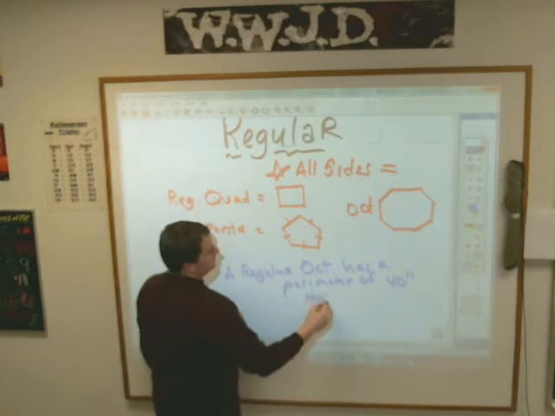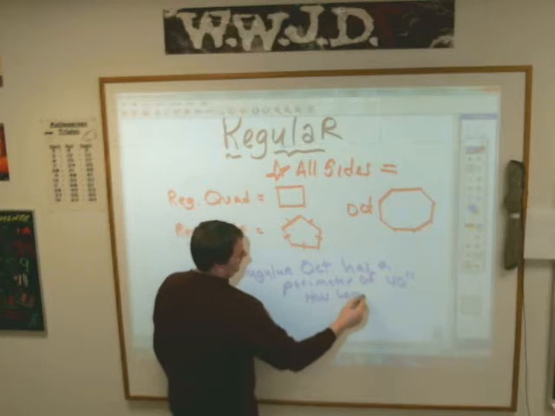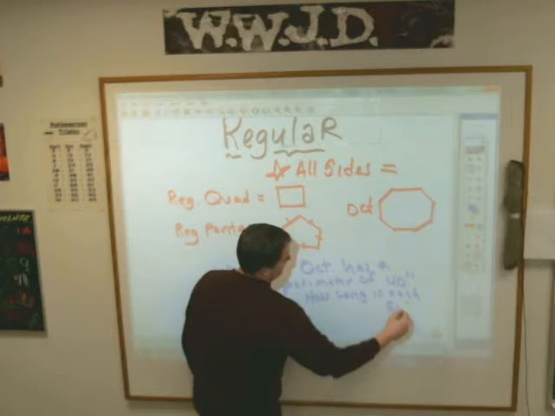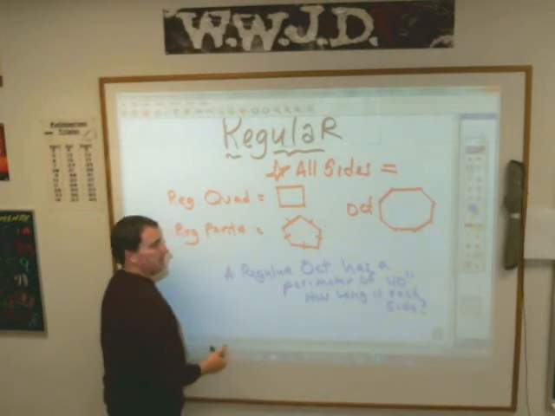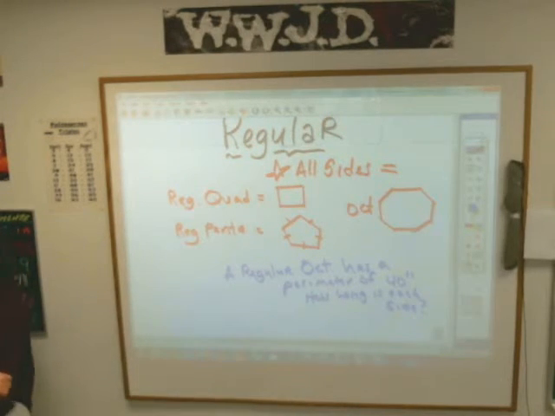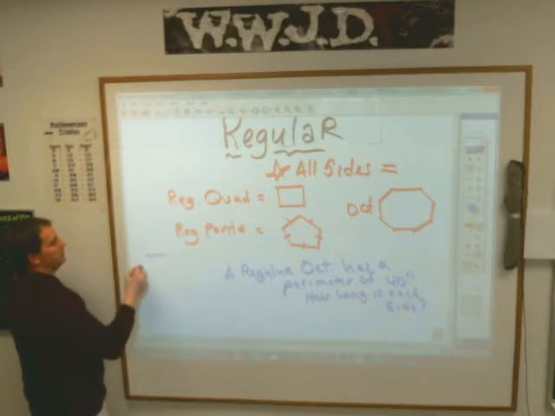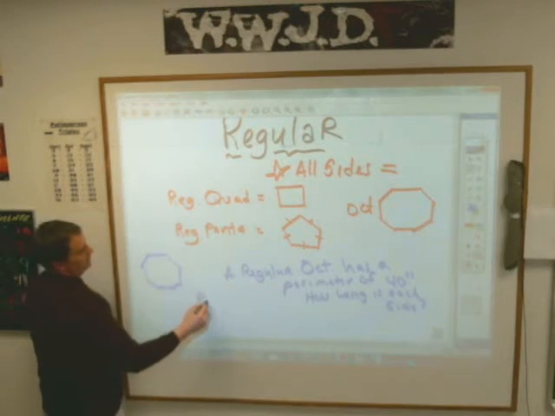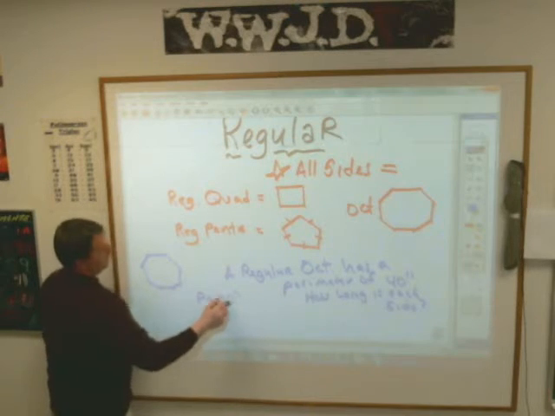How long is each side? And you know, the first thing that you would do for that is, yes, draw the shape on your paper. 1, 2, 3, 4, 5, 6, 7, 8. And you know that the perimeter is 40 inches.